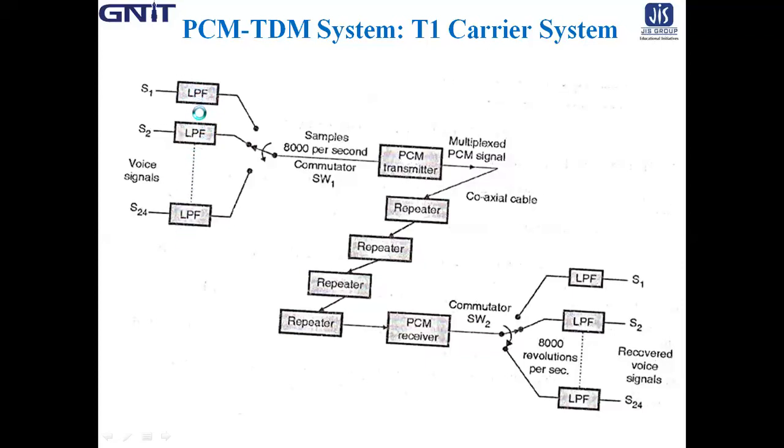Band limiting can be done by using a low pass filter. After that, it is sampled at 8 kilohertz by the sampling switch or commutator. Here, a commutator or rotating switch is present, which samples one by one, like a chopper.